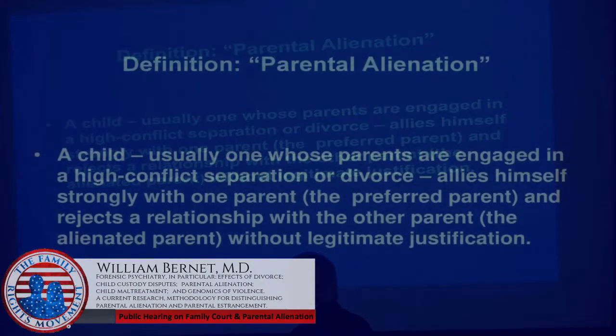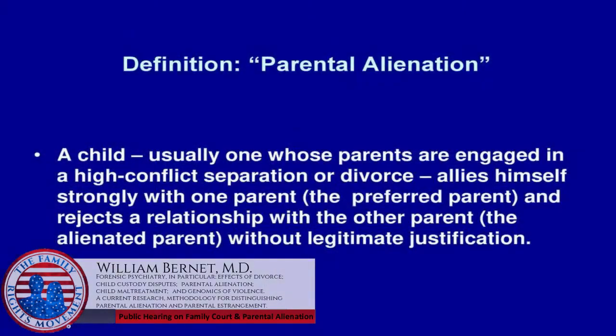A child, usually one whose parents are engaged in a high conflict separation or divorce, allies himself strongly with one parent, the preferred parent, and rejects a relationship with the other parent, the alienated parent, without legitimate justification.